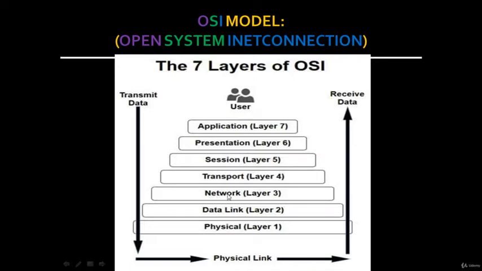As you see, I forgot to mention that the network is the layer for the router, but the data link is the layer for the switch. And as you see here, the physical layer translates the data from digital data to analog or signal data and transfers it to the links.